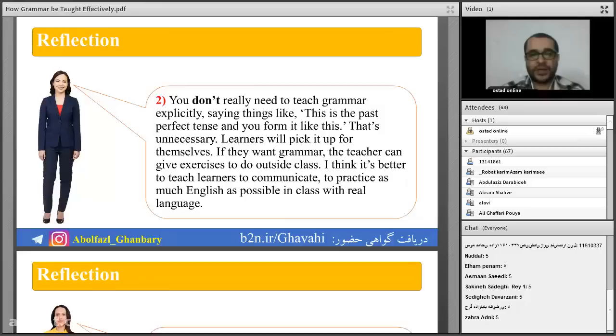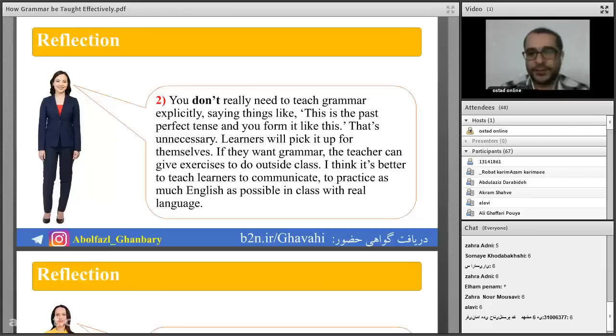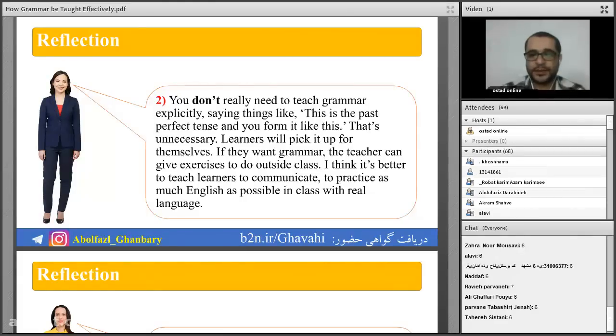If you have done, put number 6 in the chat box.